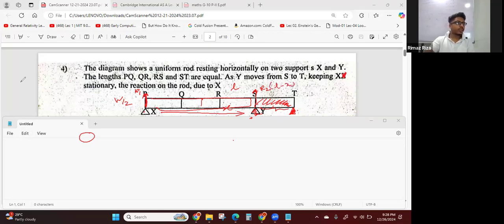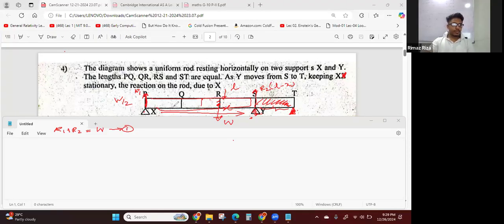First we can consider the vertical equilibrium of this rod. So I can write R1 plus R2 equals W, the weight of the entire rod acting from the center of gravity. So R1 plus R2 equals W is equation 1.